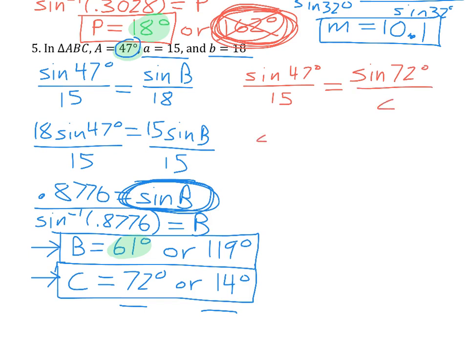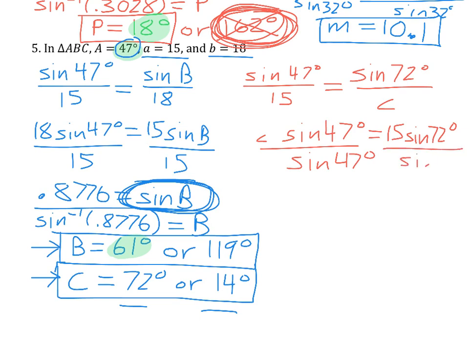Cross multiply: C sine 47 equals 15 sine 72. This gives you that C equals 19.5.